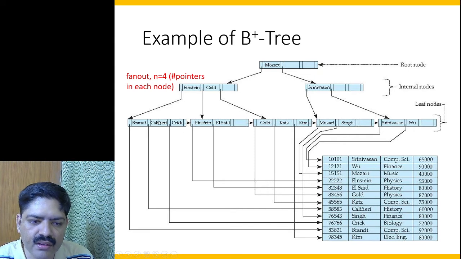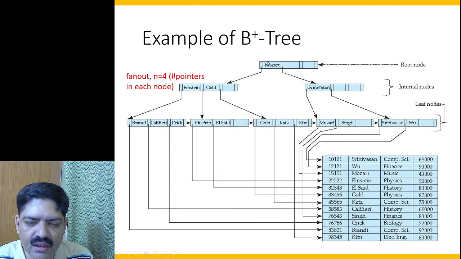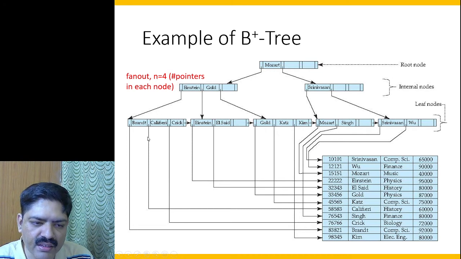If we were looking for Calipari, we would have still asked the same questions to go from Mozart to Einstein and from Einstein to Brandt, and then we would say that Calipari is bigger than Brandt. So we go to the right of Brandt and check the second item, which indeed is Calipari. Since it's Calipari, we'll take the pointer before Calipari and we would reach the record for Calipari.